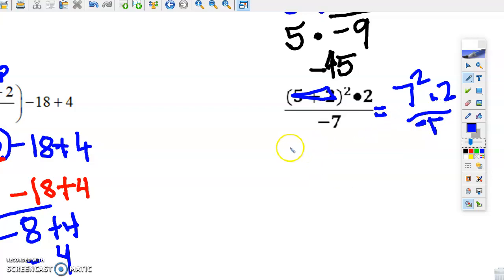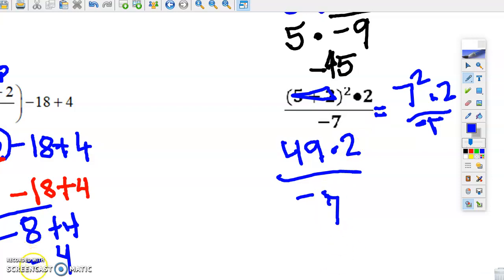Okay, so we got 49 times 2 divided by -7. And then that's going to be 98 over -7. And when you divide those, you're going to get -14.